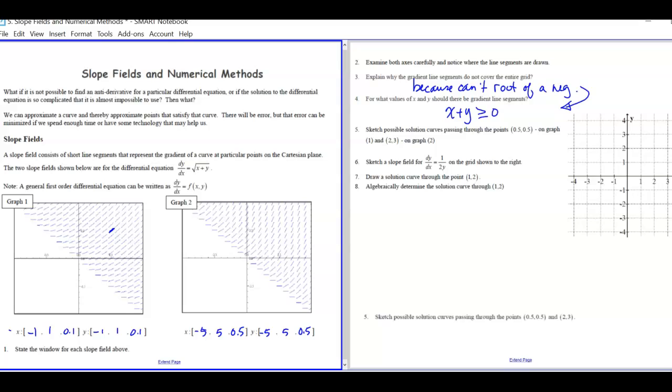Then you're going to estimate based on the slopes, so for example, if you chose these two values, you're going to want to follow these slopes as best you can. Here it passes through that point, so that slope.